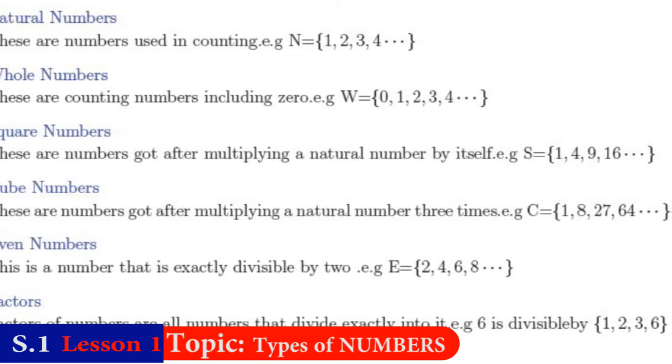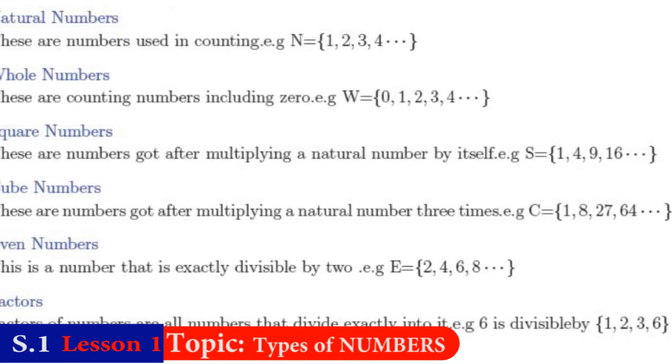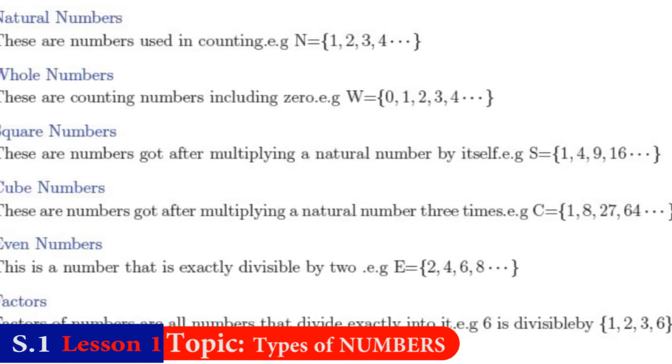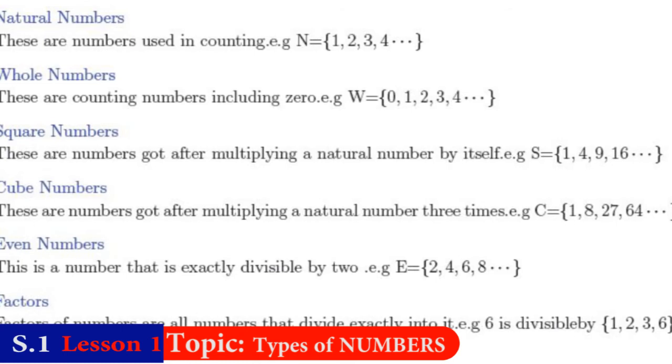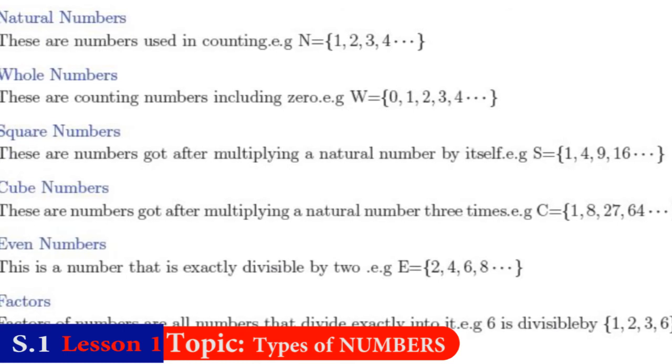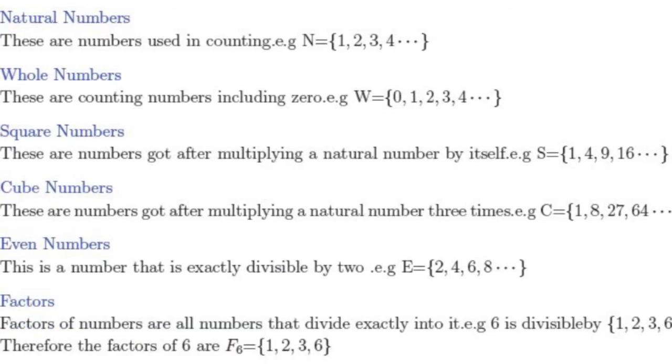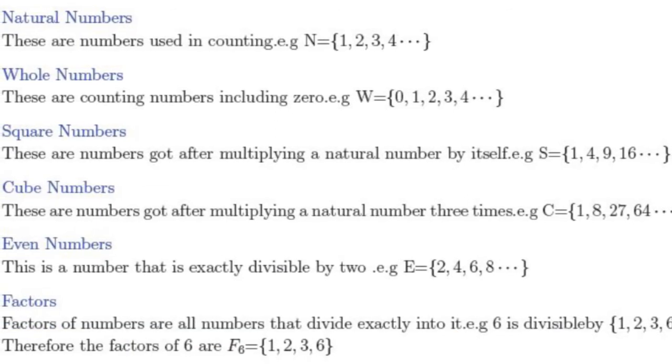What do I mean here? For example, say 6. What are the factors of 6? Those are numbers by which, when you divide 6, they don't give you a remainder. For example, 1, 2, 3, and 6 are factors of 6. So those numbers are said to be factors of 6.